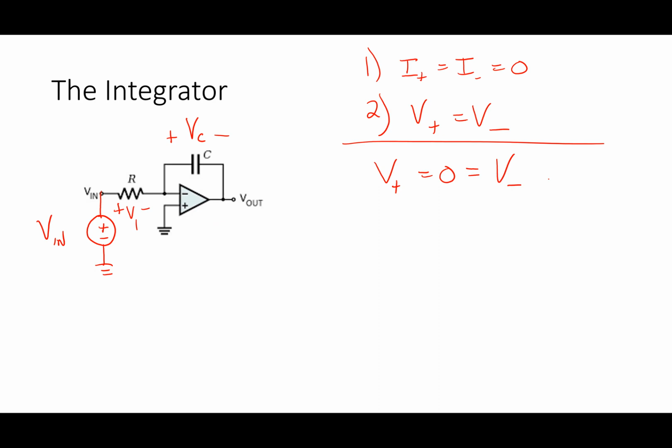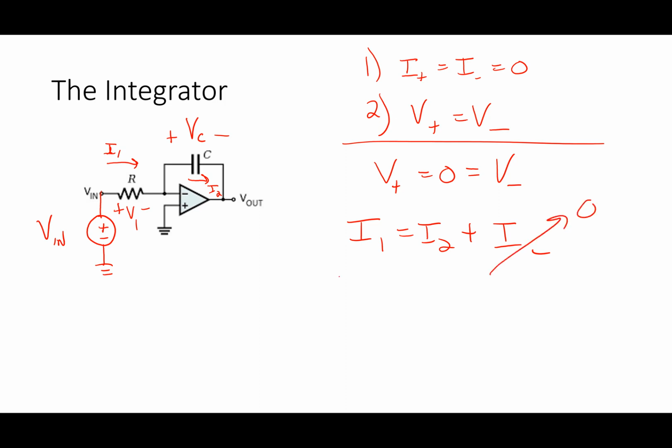I'm going to do nodal analysis again. I go through the same process here, except I'm going to say here's I1, here's I2, like that. So I1 equals I2 plus I minus. What do I know about I minus? 0. So I1 equals I2.